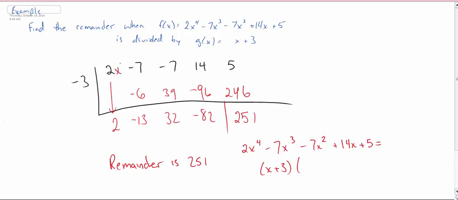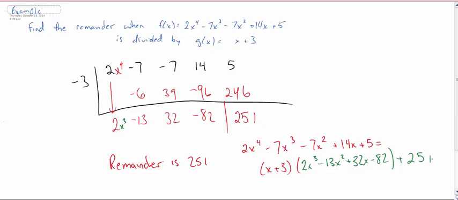This started out as x to the 4th. Well, this is now x cubed. I'm dividing out an x, remember. So this is times 2x cubed minus 13x squared plus 32x minus 82, plus 251.